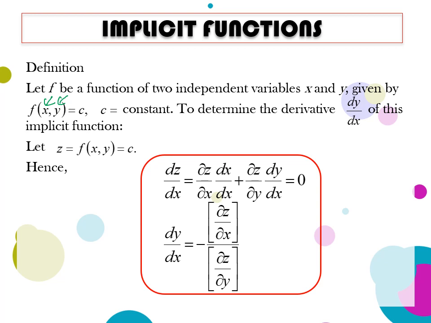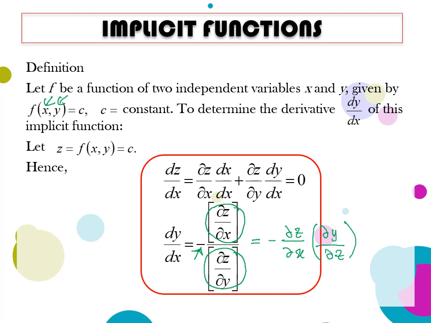In order to apply partial derivative and find the dy dx term, you need to partially differentiate your function with respect to the first variable, and divide by the partial derivative with respect to the second variable. You have a negative here, don't forget. Or you can rewrite this as negative del z del x multiplied by del y del z.